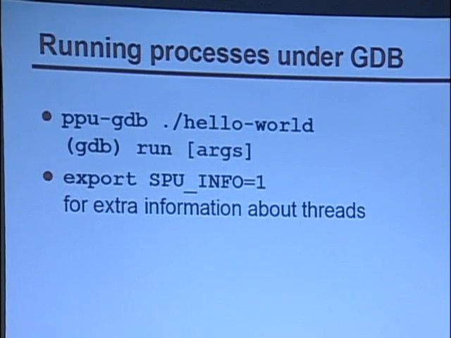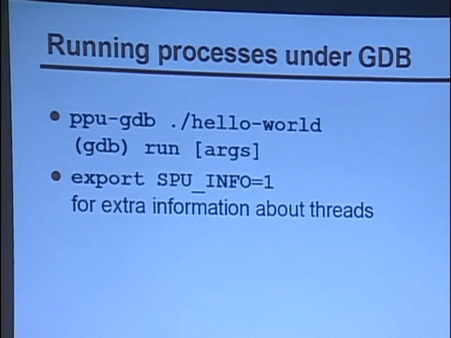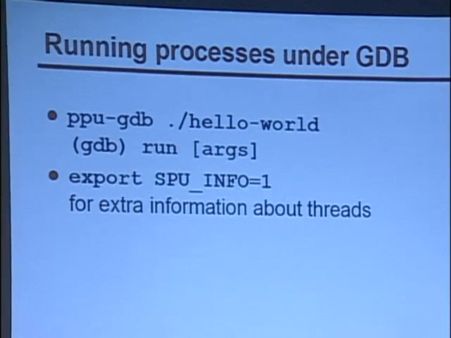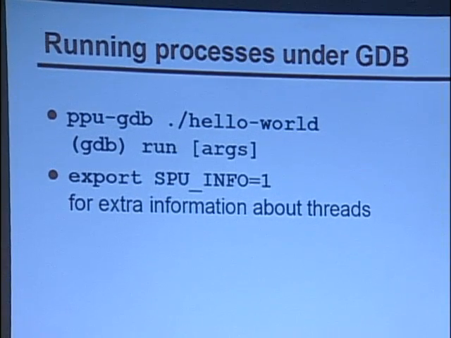What you get is a GDB prompt where you can issue additional commands to the debugger to control execution of your program, and also ask the debugger to tell you various things about your program. One thing you can do is export SPU_INFO=1 before you start your program, and that will print some extra debugging information about when threads are being created and destroyed.